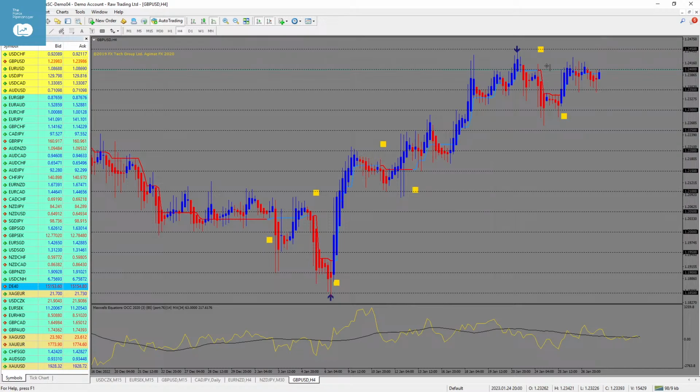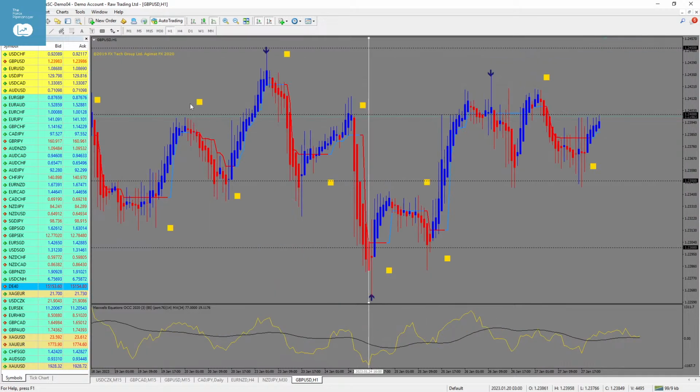Let's mark it here. The box came here, so this is the candle we are looking for. If you wait for this retracement, like I told you, then you would see this retracement. You make your trend line, and then you jumped in after the break of this trend line, and you got some pips out of it.